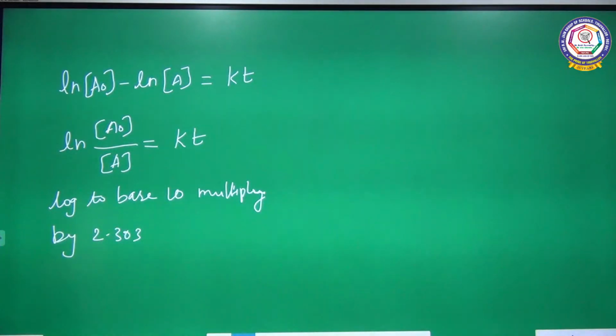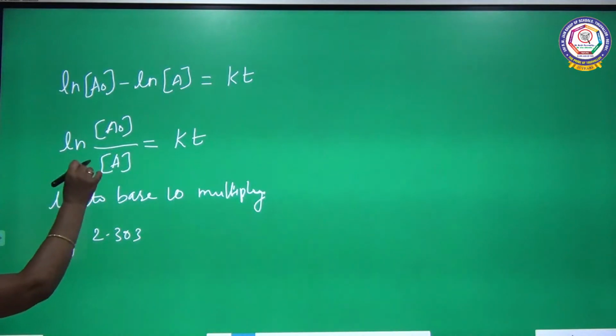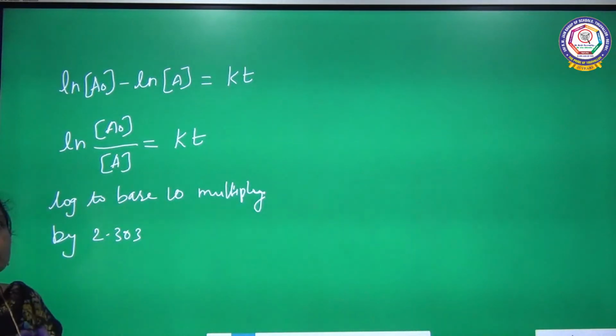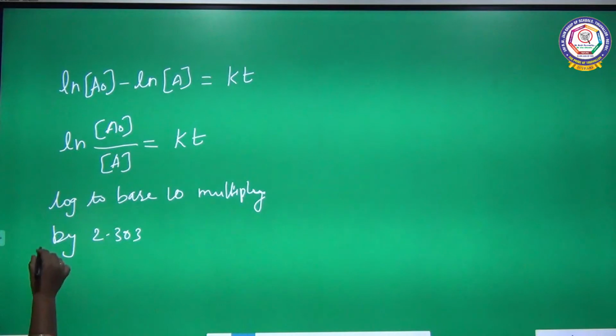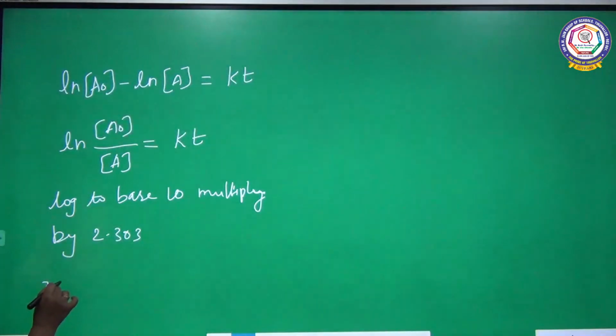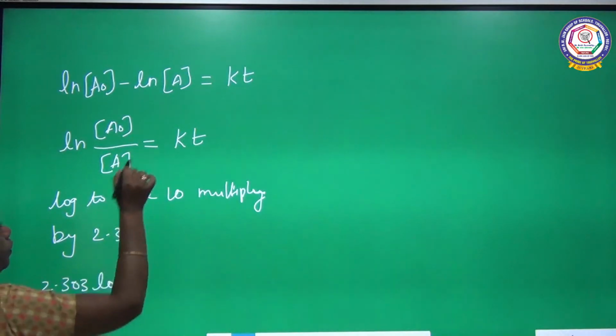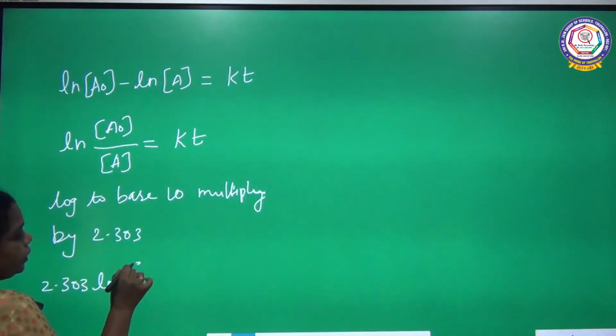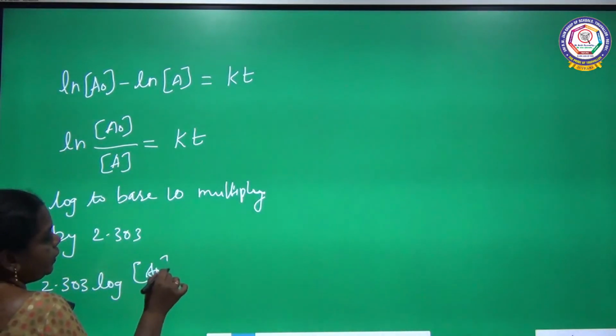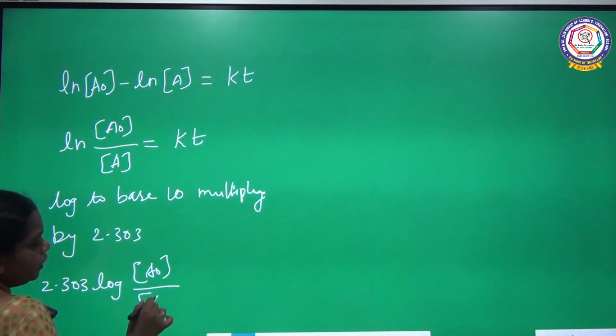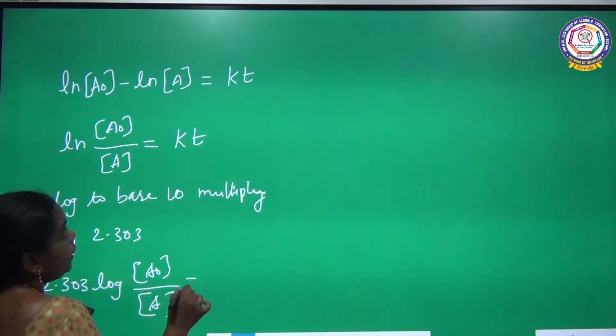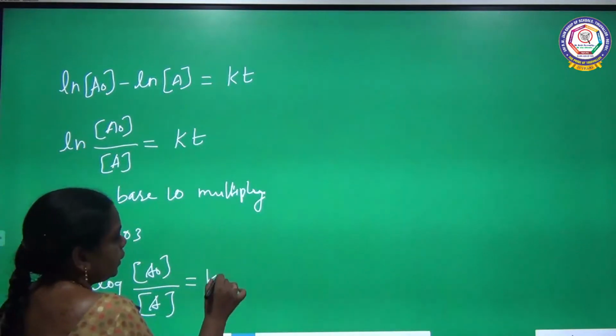Multiply by 2.303, so that you change the natural logarithm into log to the base 10. So the equation becomes 2.303 log A0 by concentration of A equal to Kt.